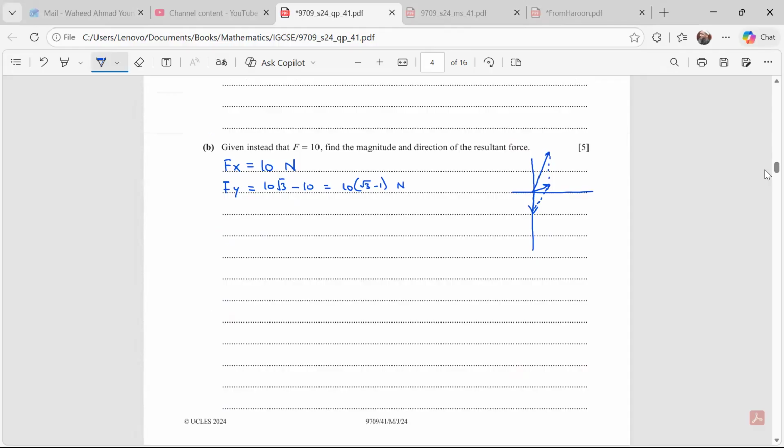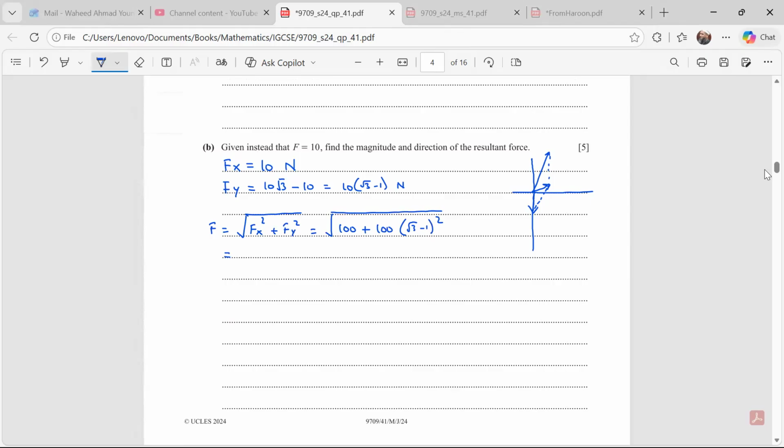The resultant force F, by using Pythagoras theorem, is the square root of Fx squared plus Fy squared. So this would be 100 plus, when I square this thing, 100 times (root 3 minus 1) squared. I hope it's clear.